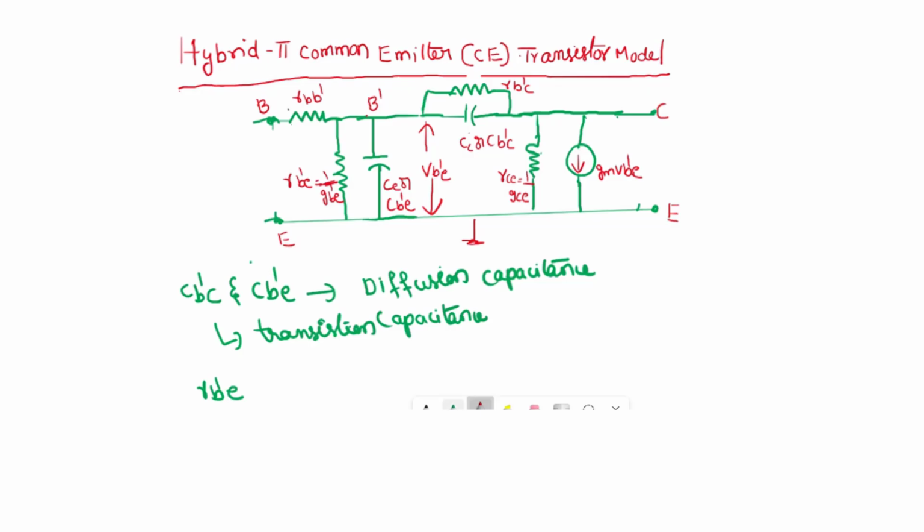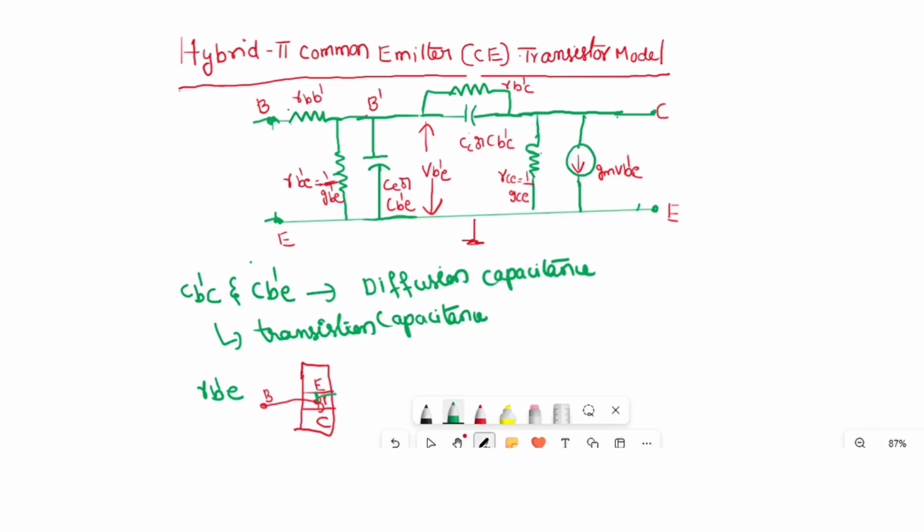I already explained. This is emitter, this is base, this is collector. The external base terminal we generally call B. Carriers have to travel laterally for some distance. Let the terminal be B dash. From this B dash to the emitter, the carriers have to travel like this.